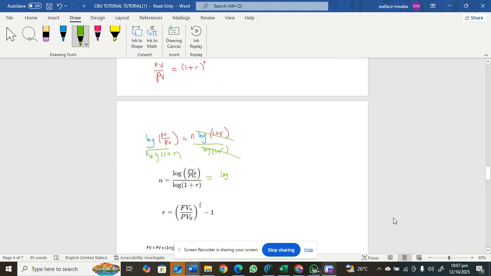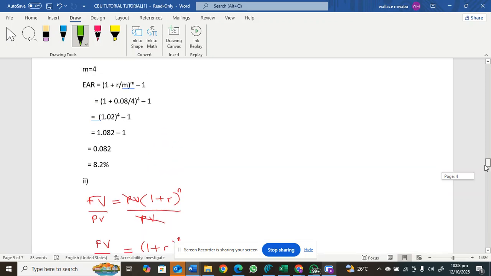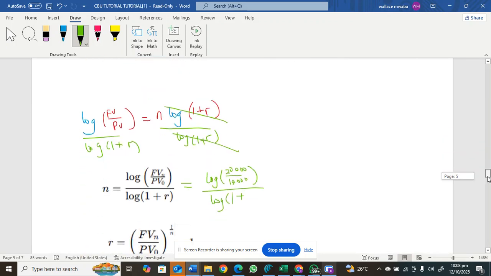So log of 20,000 over 10,000, over log of 1 plus, our rate was 8%. So here we have log 2 over log 1.08.